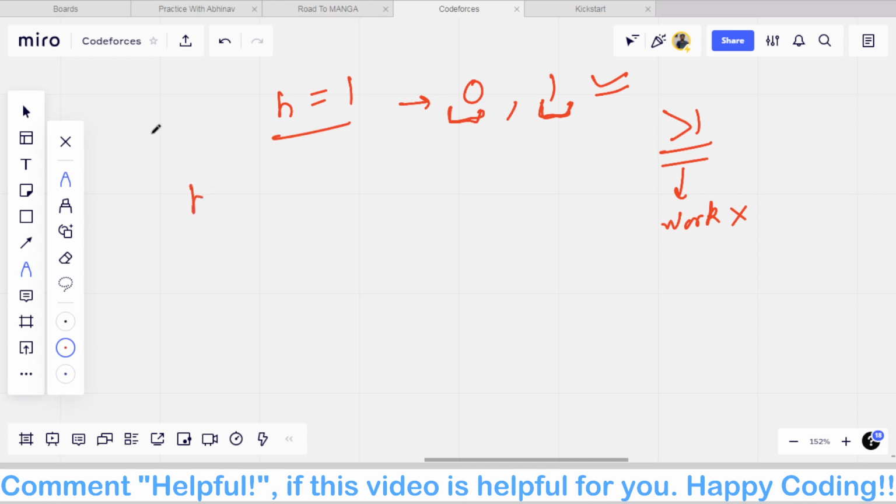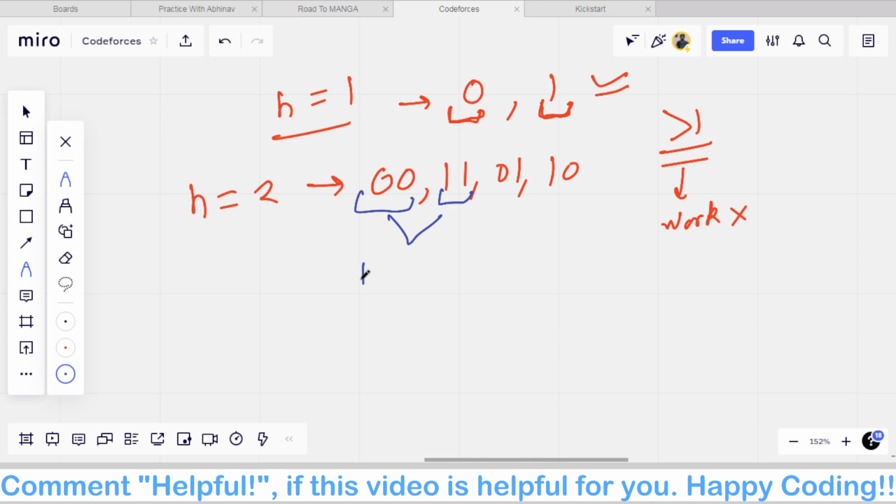In the case when n is equal to 2, the string can be 00, 11, 01, 10. In these cases, 00 and 11, these two strings are palindromes.